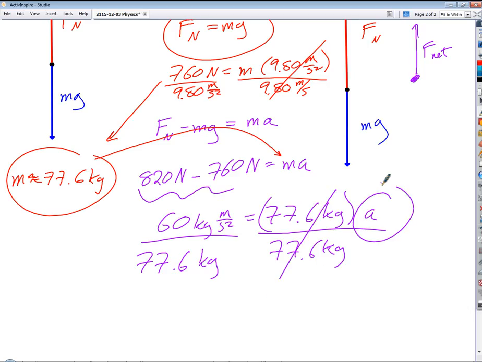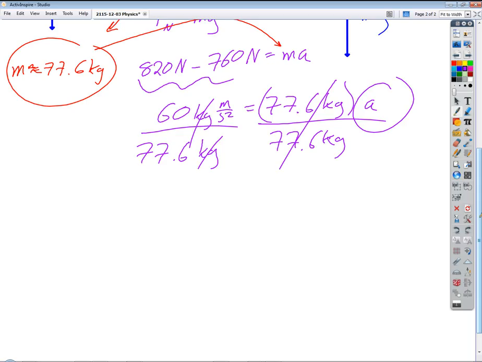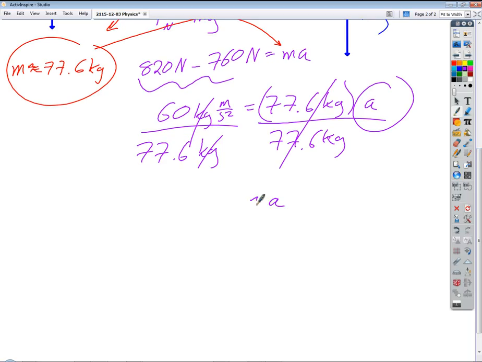So we get A, the kilograms cancel, and we get units of meters per second squared like we knew we would, right? And what do we get? 0.77. Okay, so we get A is roughly 0.77 meters per second squared.